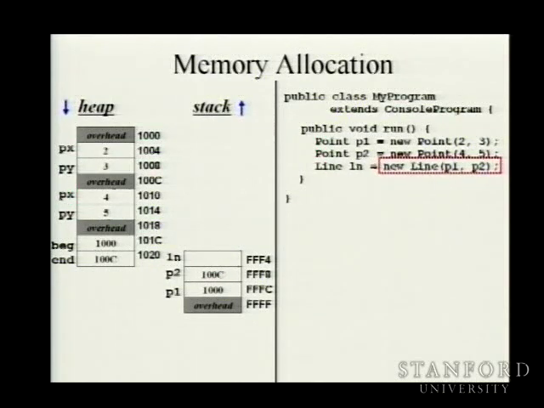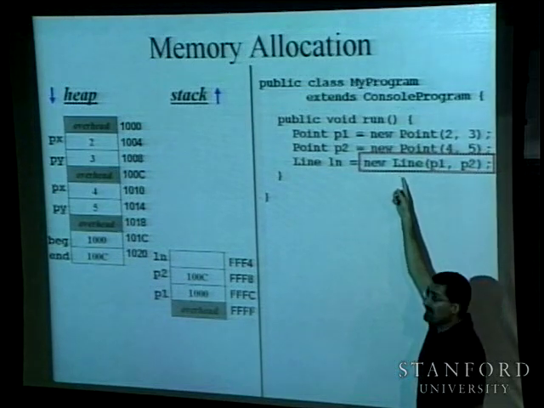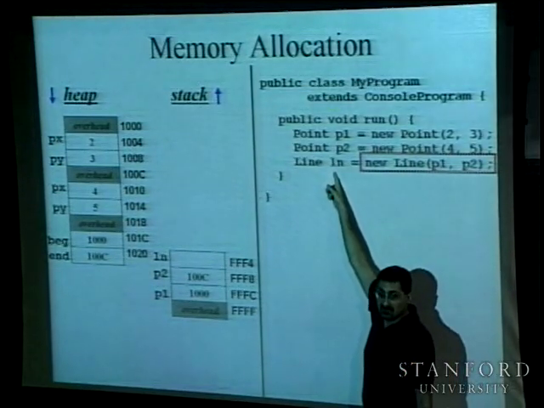And now we say, hey, thanks line constructor. First of all, thanks new. You allocated the memory for us. Thank you, line constructor. You went ahead and initialized all the fields that I needed for a line. Thanks a lot. What do I do with that now? And it says, yeah, what I need you to do is assign that object where that object lives to the variable line.